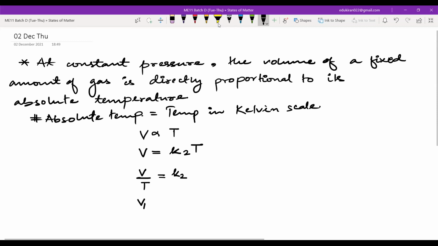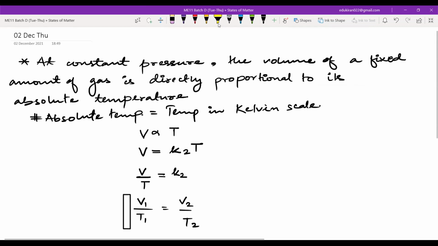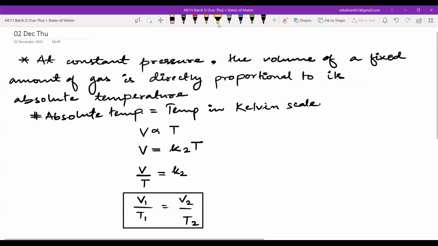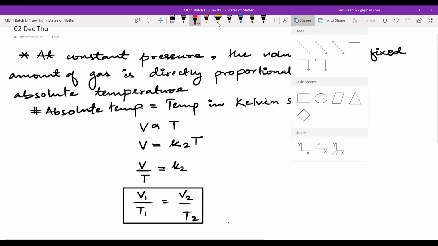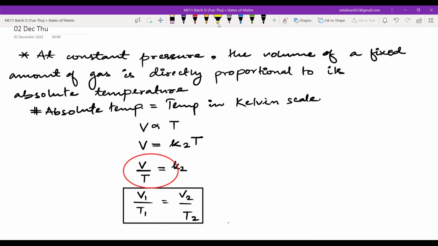And we can also write V1 upon T1, for a particular gas at a particular pressure, will be equal to V2 upon T2. Write this down. Let me know if you're done. Then we will write the graph.